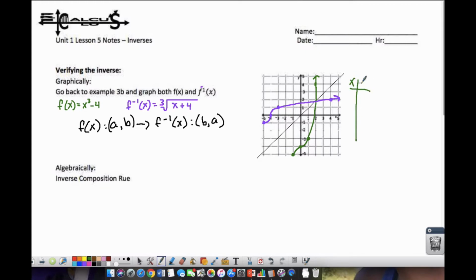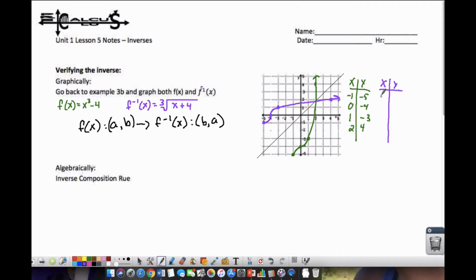So x, y, well, we have the point -1, -5. We also have the point 0, -4. We have the point 1, -3. And we have the point 2, 4. Okay, so I'm looking to see if the following points are on my inverse, right?